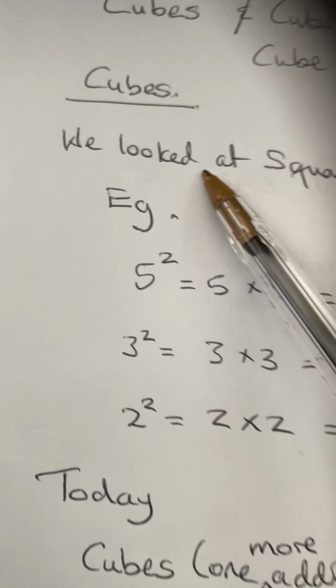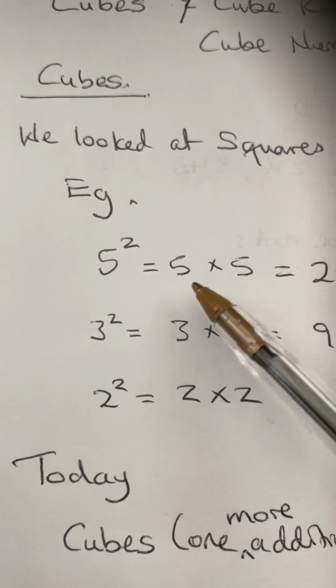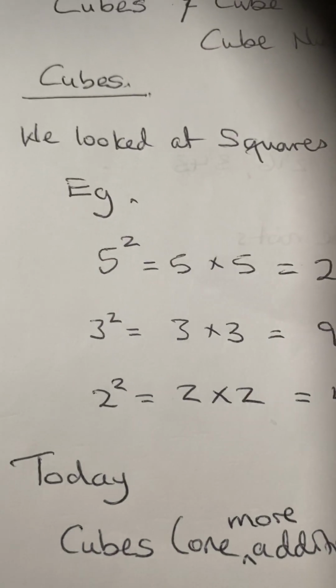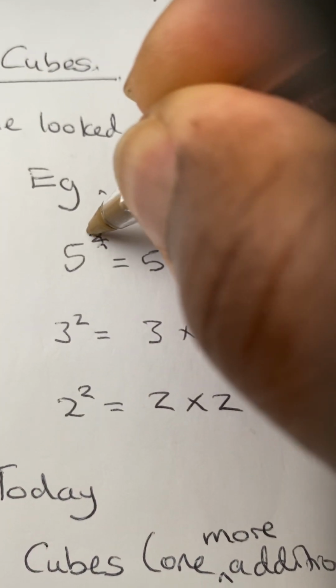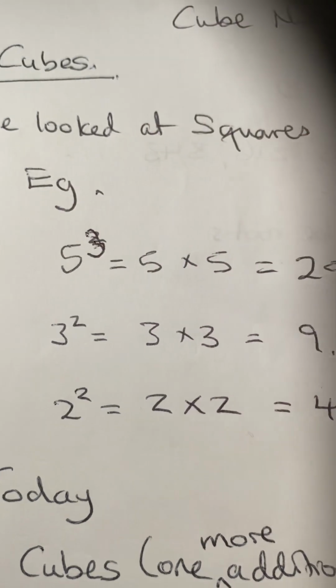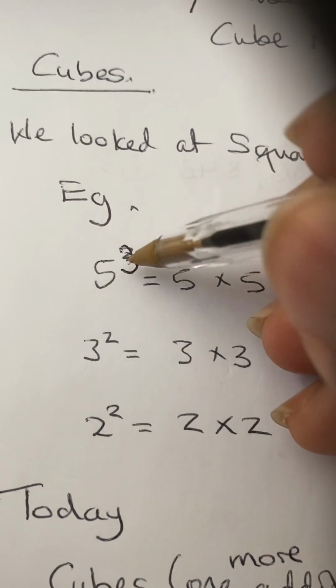When you are talking about cube, we are talking about 5 to the power 3. Sorry about that, 5 to the power 2.